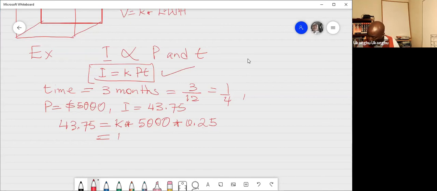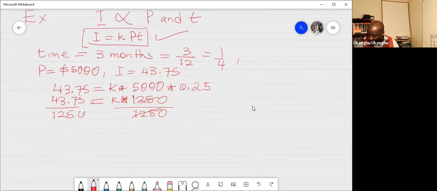So 43.75 is K times 1,250. For us to get K, we just divide both sides by 1,250. So that gives us our K.